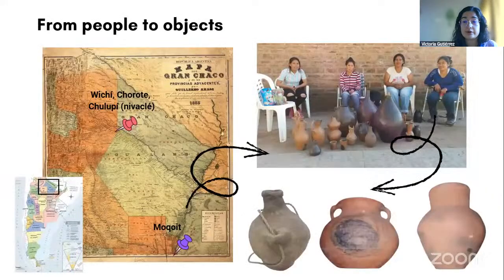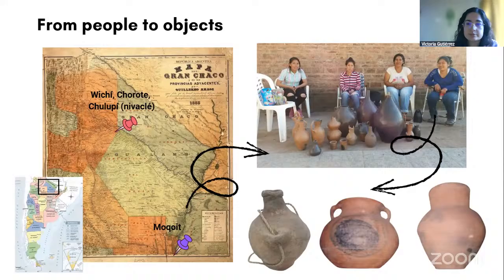The examples that we are going to use as our case study come from the Gran Chaco region, which is still in Argentina, but in the northeast, particularly from Mocoit pottery traditions, although similar practices and similar pottery have been found among Wichí, Chorote, and Chulupí communities. These ceramic traditions were historically linked to mobility, to water management, to cooking and storage.